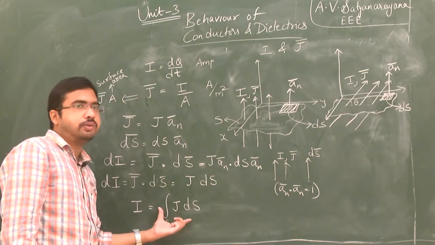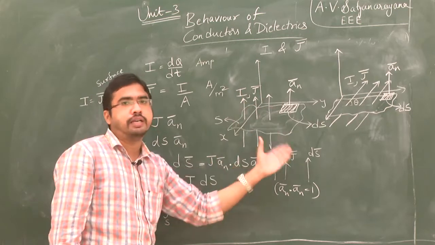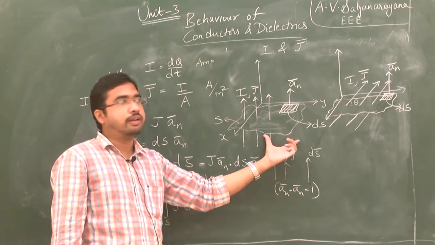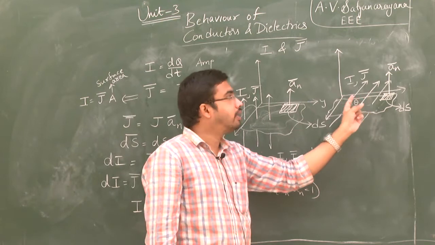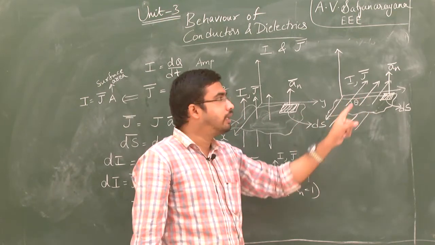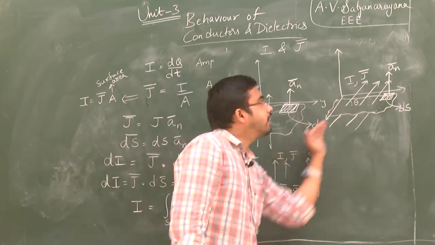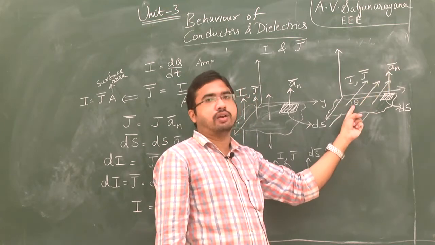This formula is used when current is perpendicular to the plane. But what about this case, when current and current density are making some angle theta with the plane that you are considering?